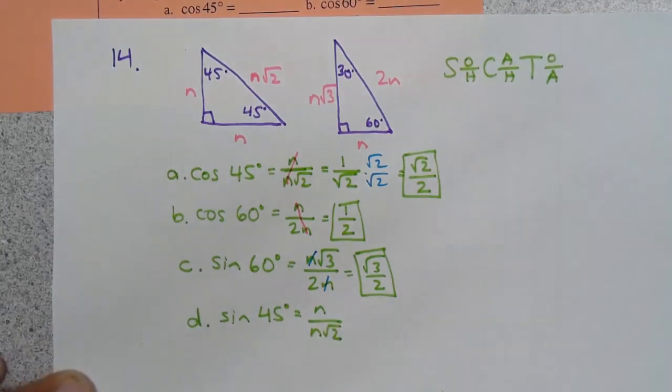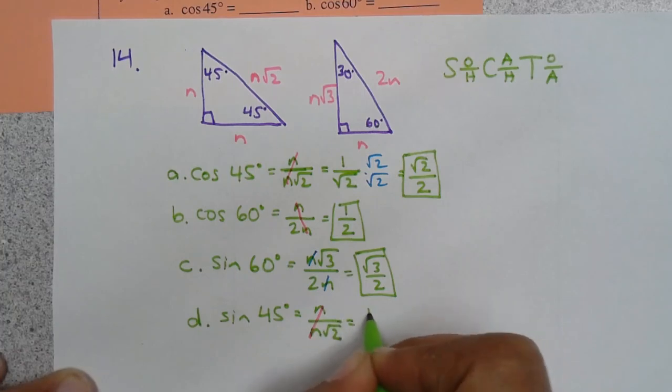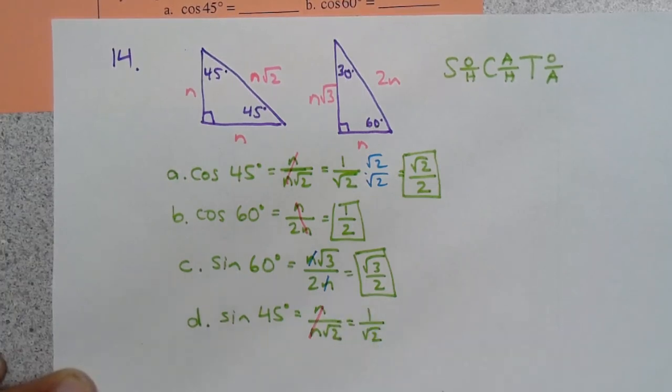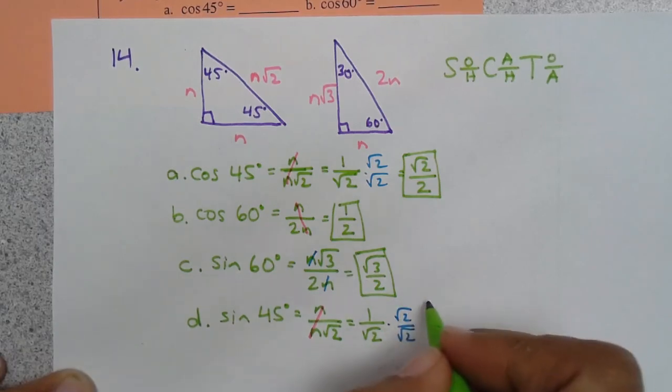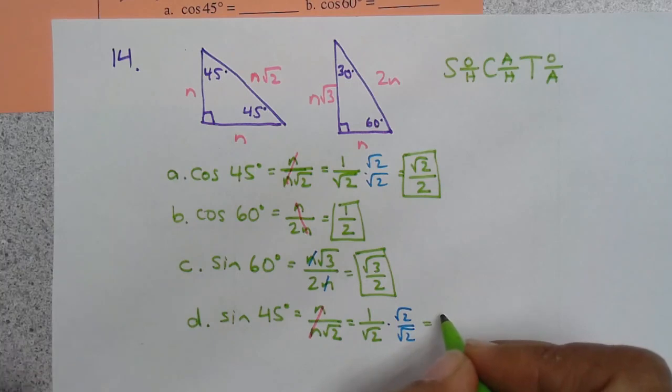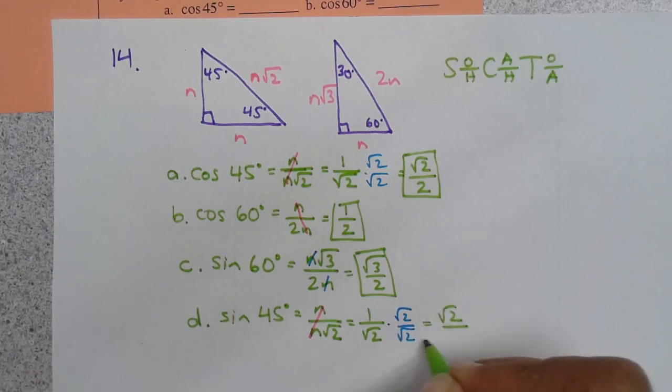So my n's cancel. This gets me 1 over root 2, but again, you can't have a radical in the denominator, so I'm going to rationalize the denominator by multiplying by root 2. That gets you 1 times root 2, which is root 2, over root 2 times root 2, which is 2.